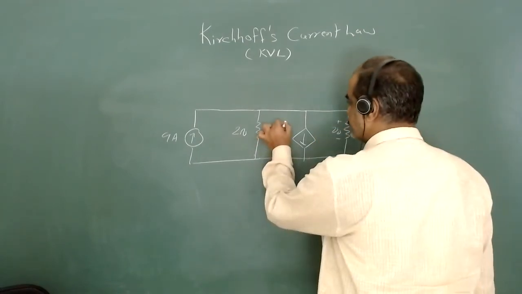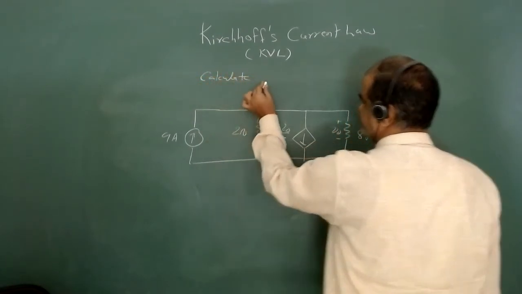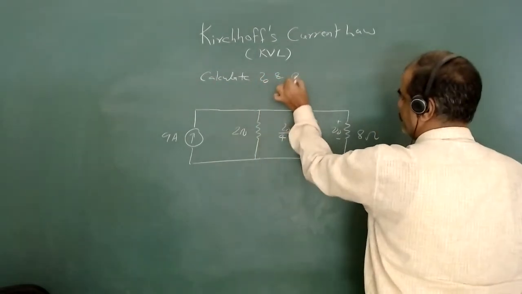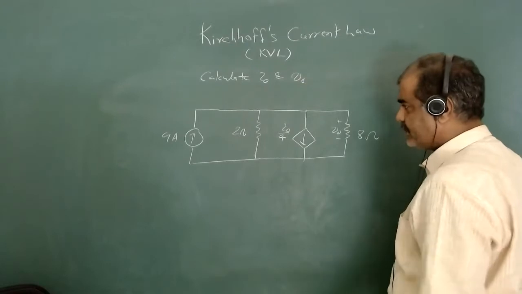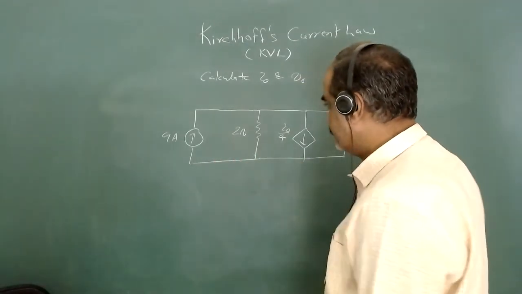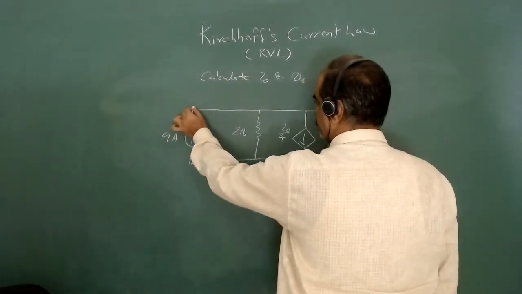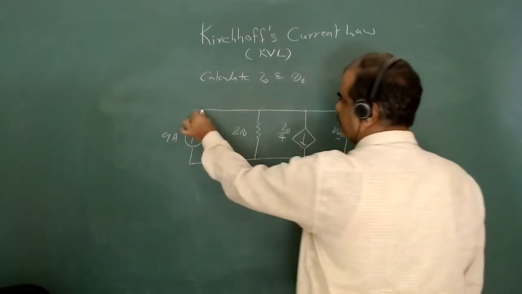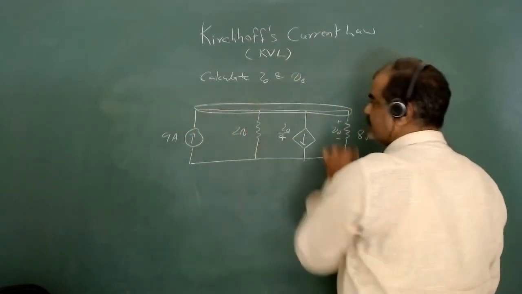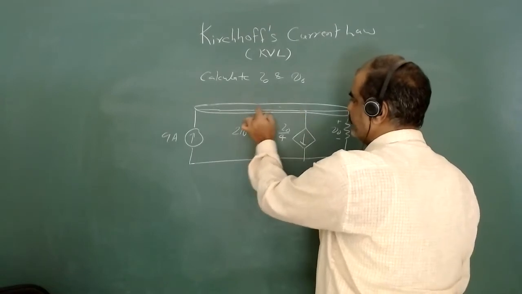My aim is to calculate I0 and V0. So applying KCL, how can we solve this? The whole junction is a single node, because across these junctions no element exists.